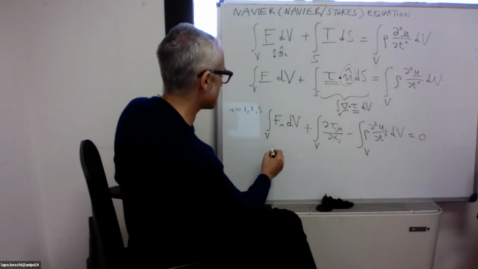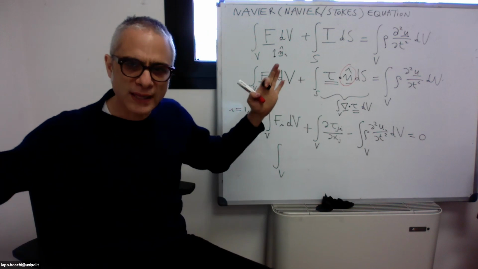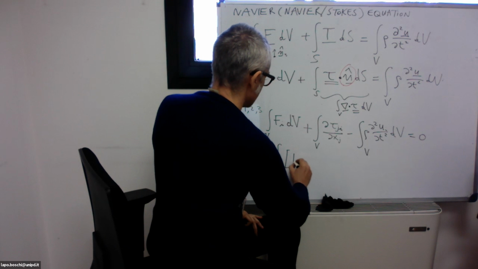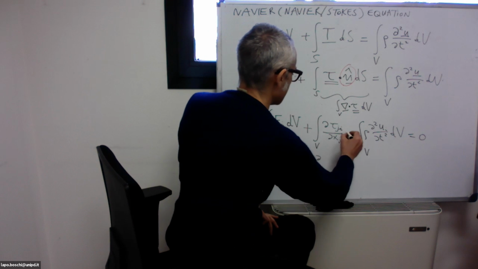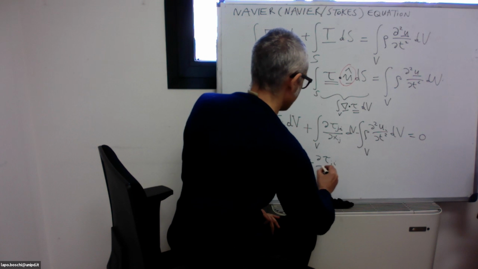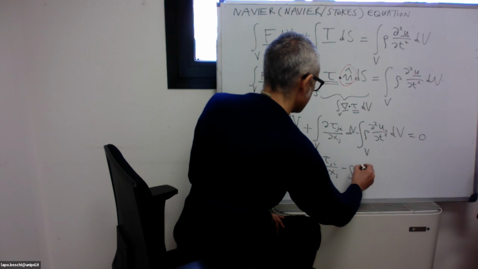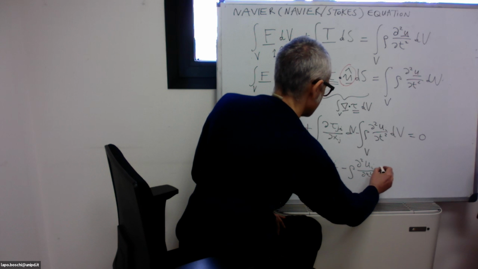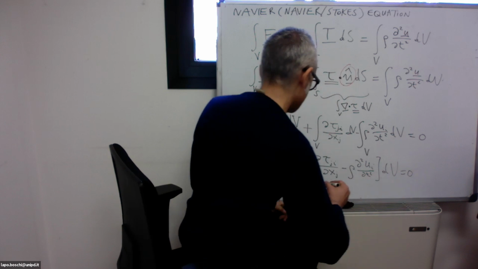So you see more clearly that I can just pull everything within just one integral sign. So fi plus, yeah, here I also have dv, plus the divergence of tau minus rho times the acceleration, integrated over dv, and then equals to 0.